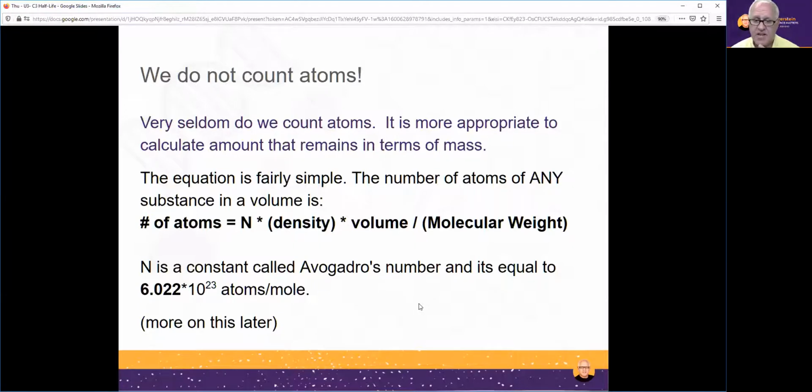Now, n is a constant called Avogadro's number, and we'll get onto that a little bit later in the semester. And it's equal to 6.022 times 10 to the 23 power atoms per mole. More on this a little bit later, but we're not counting atoms, we're just looking at molecular weight.